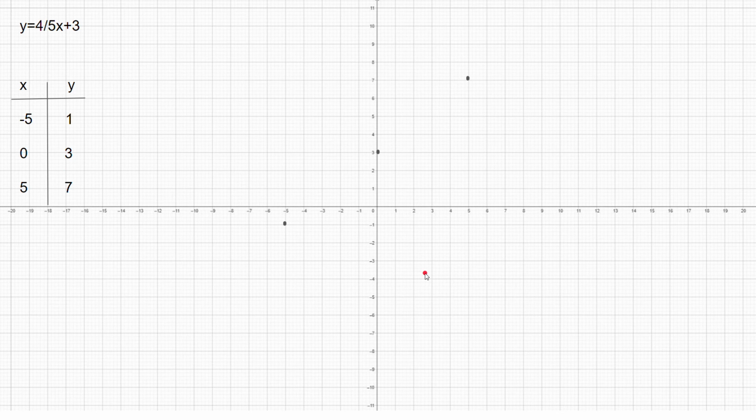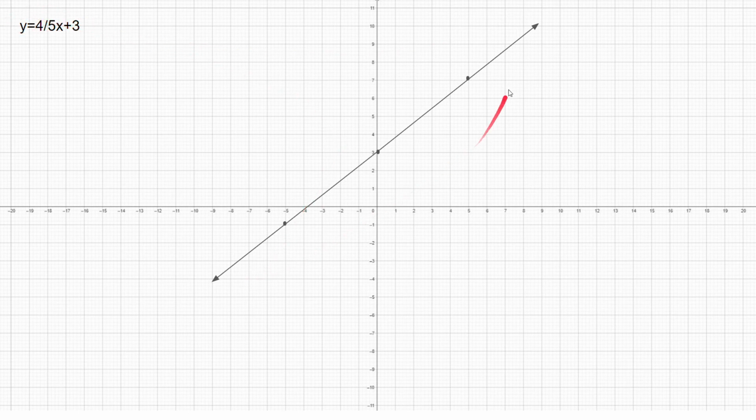And if we draw the line through these points, we see that it is the same as what we had here. So this is the original line, and this is the line we got from the equation we did, and it is identical. So we can see that the equation we got is probably correct.